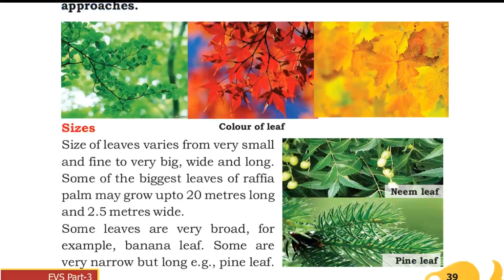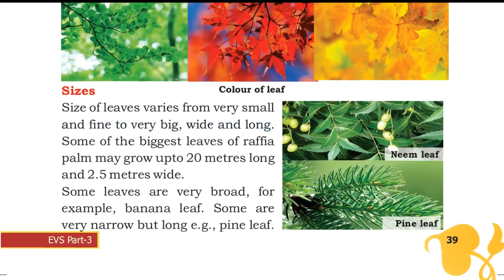Sizes. The size of leaves varies from very small and fine to very big, wide and long. Some of the biggest leaves, of raffia palm, may grow up to 20 meters long and 2.5 meters wide. Some leaves are very broad, for example, banana leaf.